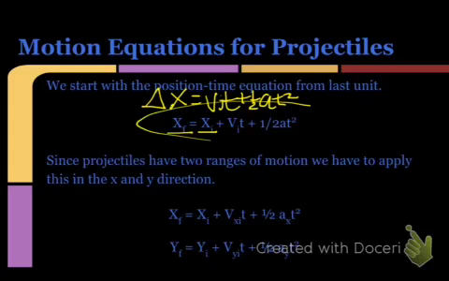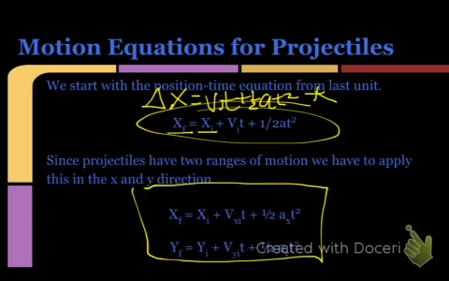So this is just taking that into account. Sometimes we'll use that equation, other times we'll use the more simplified equation. It just depends on the given information, if they give you an initial x and a final x. And down here below, they show us these equations written in the x and y directions. We did this on the board in class this week, and you have seen this before.